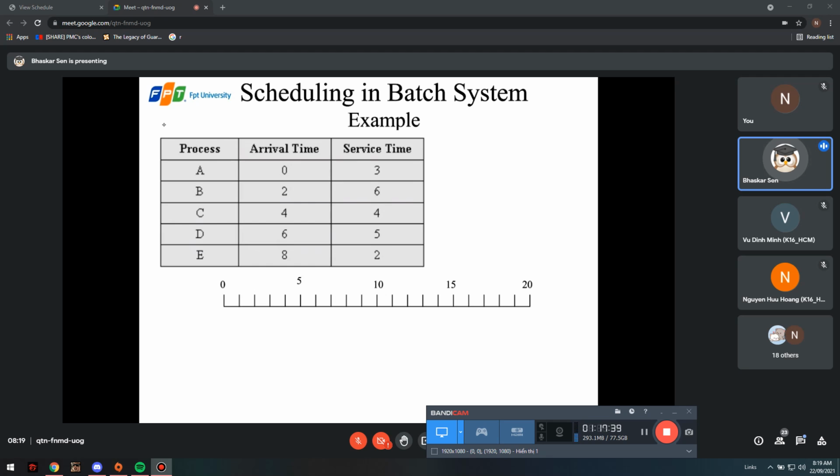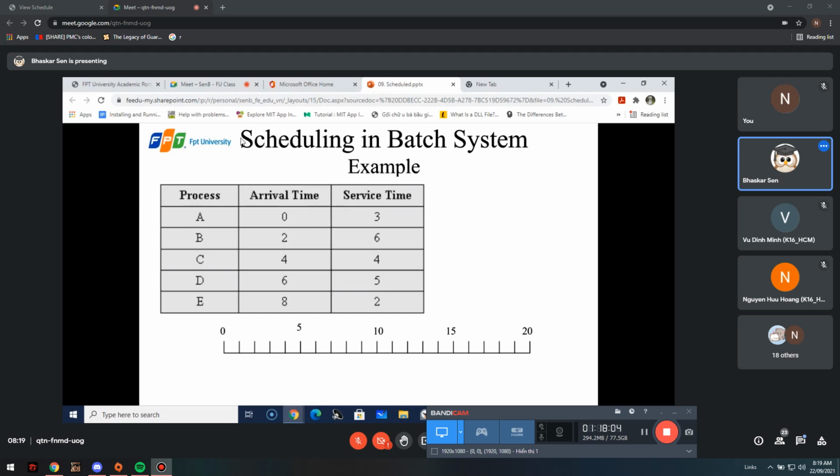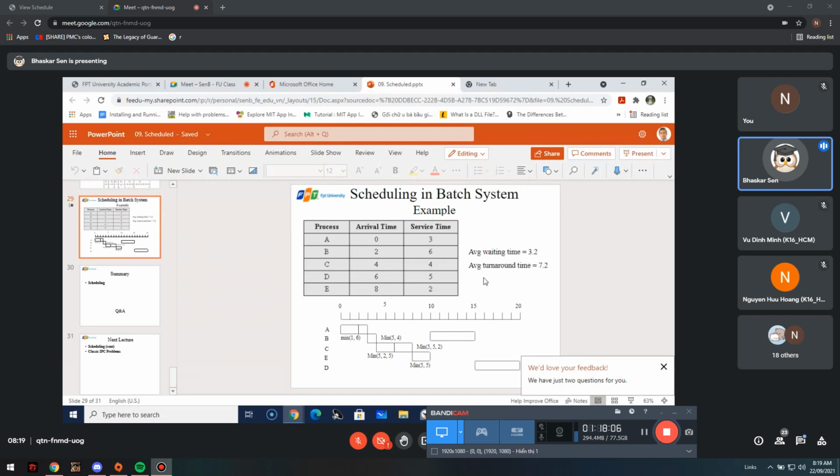I think I have to stop the presentation. There is a problem in the computer. Wait a minute. Yes, these are the animations that created the problem.